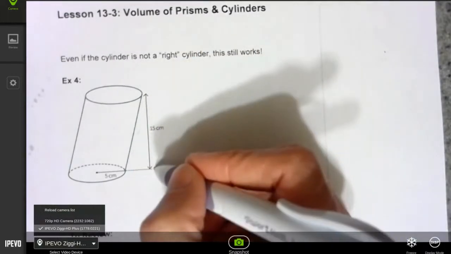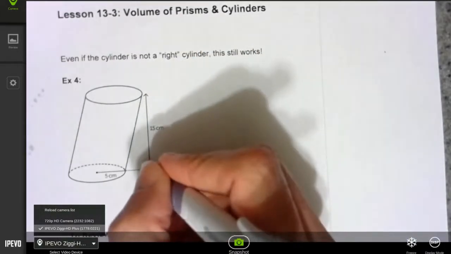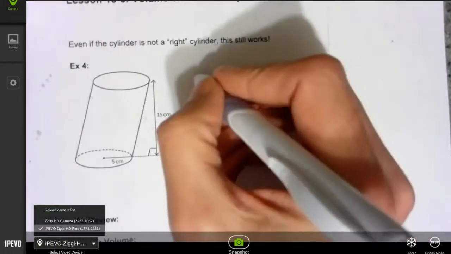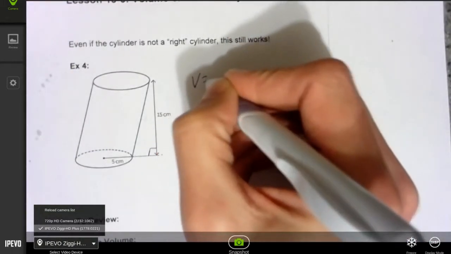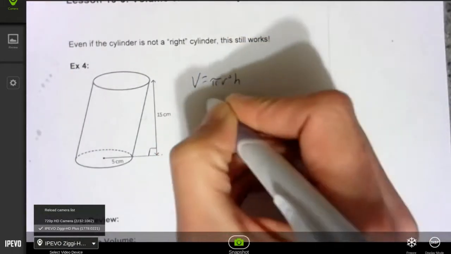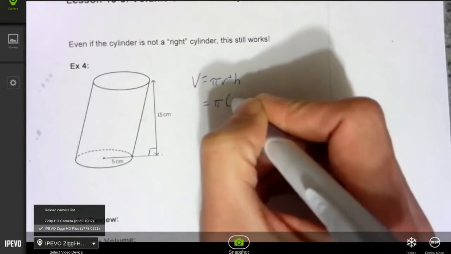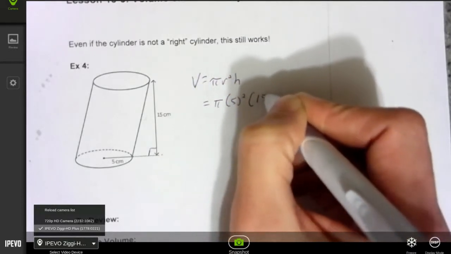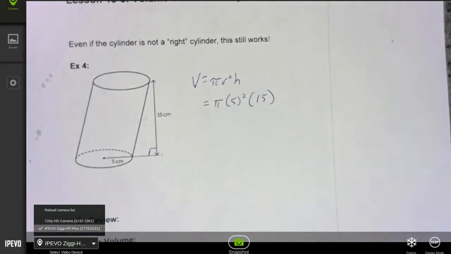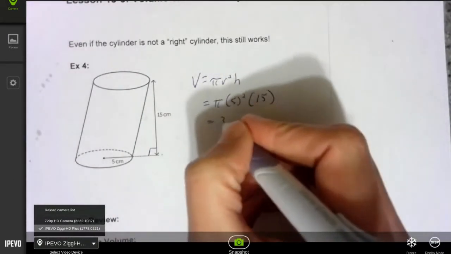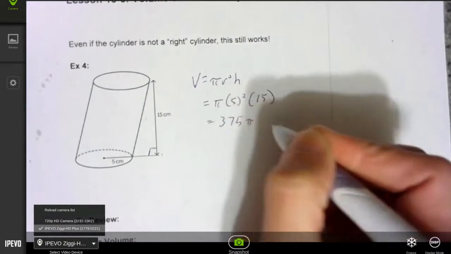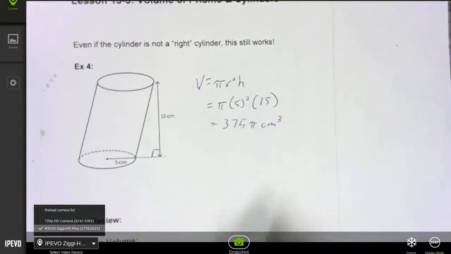But it still has a height. Okay, we might have to measure that height on the outside, but that's fine. I can still do the same thing. Volume equals pi r squared h. My radius is 5, square it, times a height of 15. So when we multiply all that together, 375 pi. And this would be cubic centimeters.